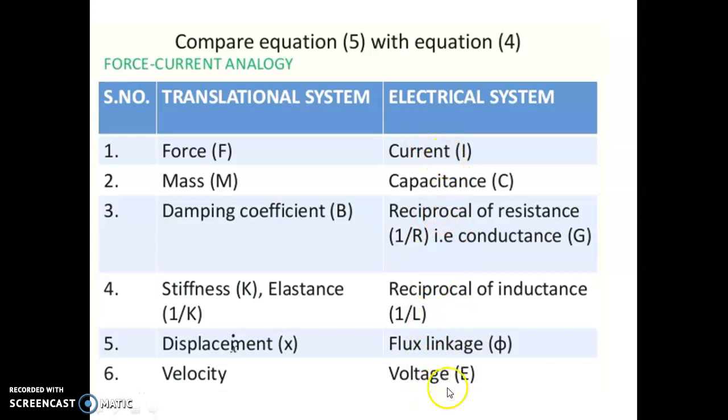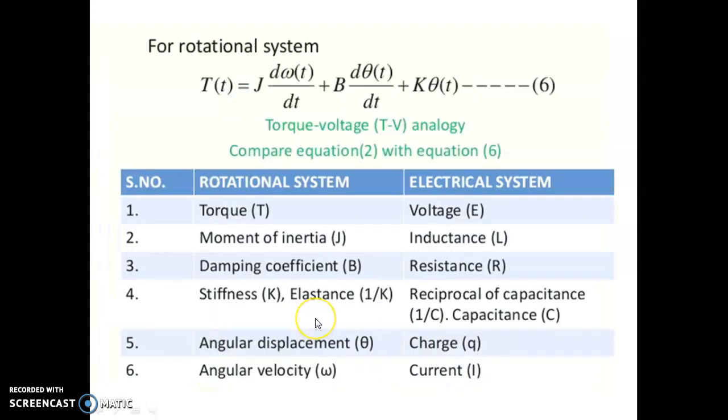For a KCL circuit, we can use this table. So current will be replaced by force, capacitance by mass, 1 by R by B, 1 by L by 1 by K, phi will be replaced by x, and E will be replaced by velocity v, right?